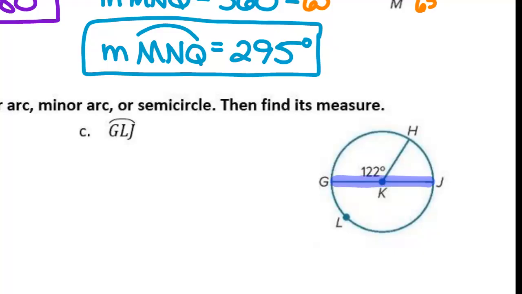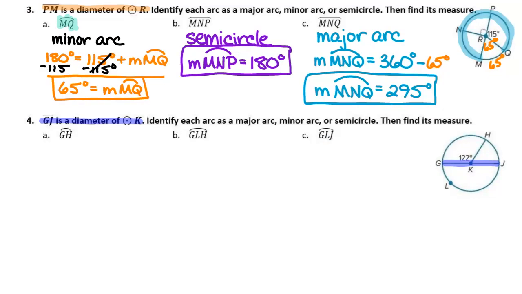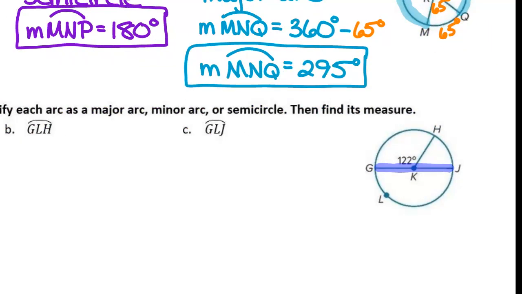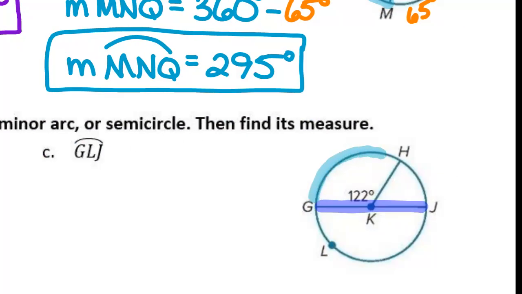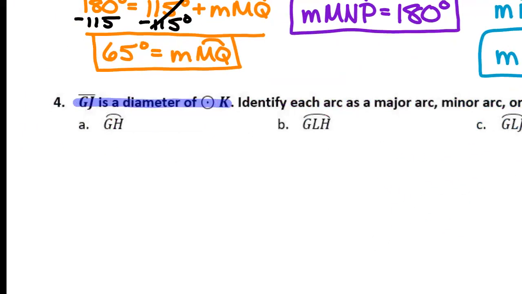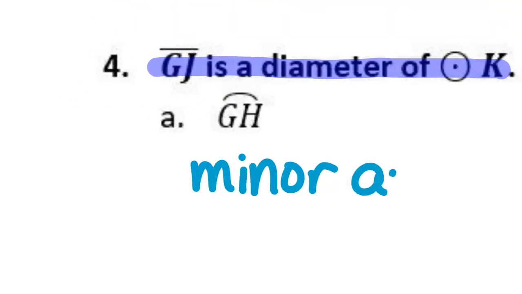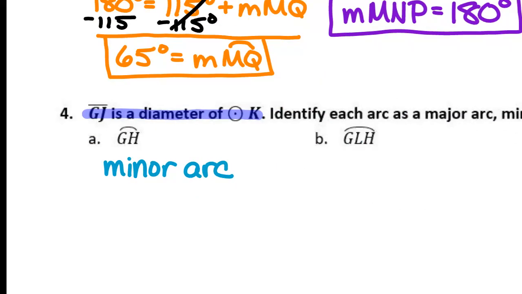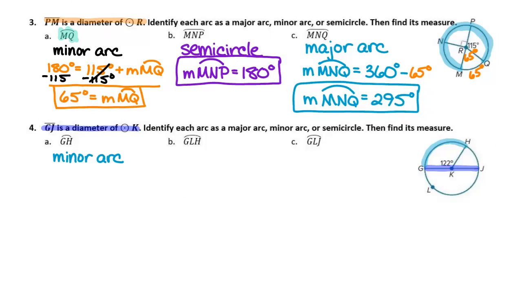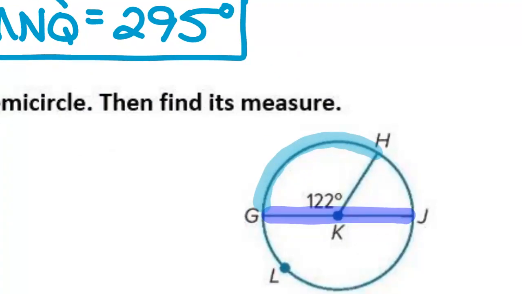So what is GJ doing to the circle? It's cutting it in half. So arc GH, which would be this arc right here, would be a minor arc, a major arc, or a semicircle? Minor arc. How much would that minor arc measure? 122 is correct. 122 degrees.